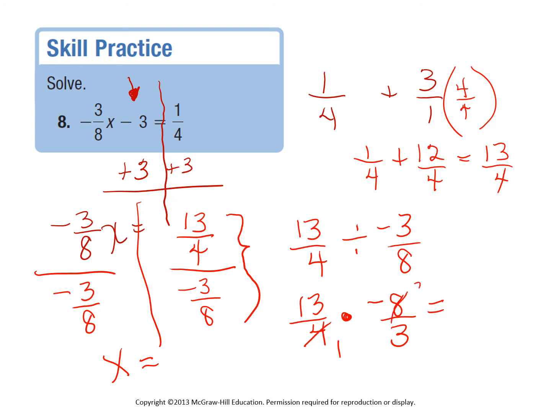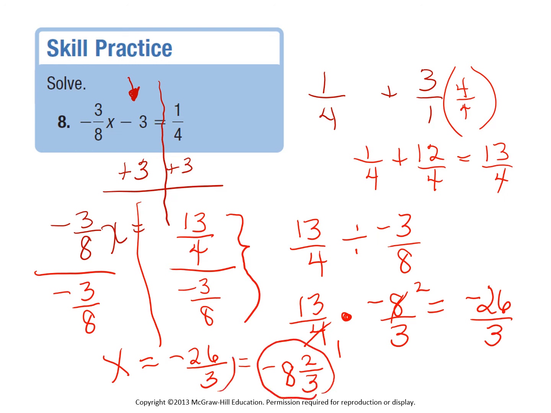I'm going to divide out common factors here, and that gives me negative 26/3. And if you feel the need to make this a mixed number, we divide 3 into 26. It'll go 8 times with 2/3 remaining. So either answer, negative 26/3 or negative 8 and 2/3.